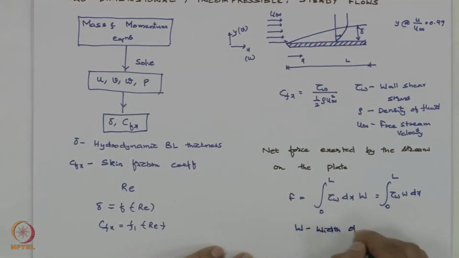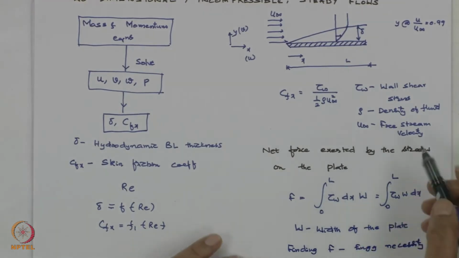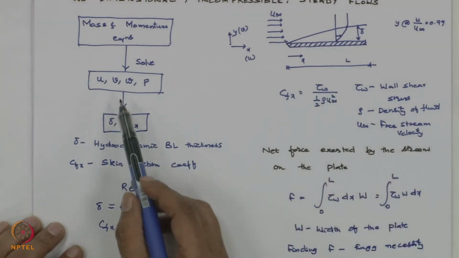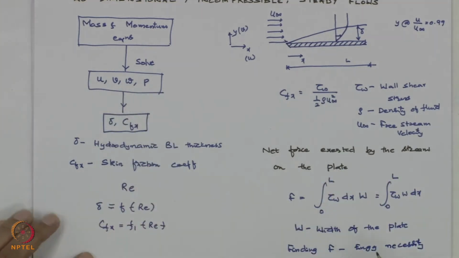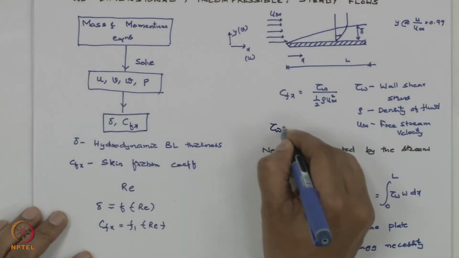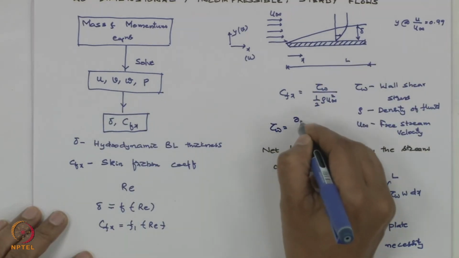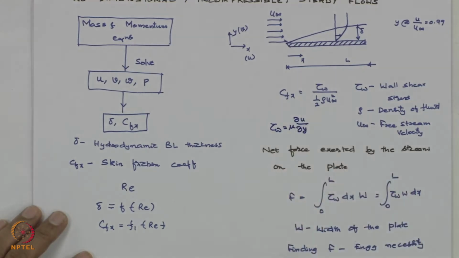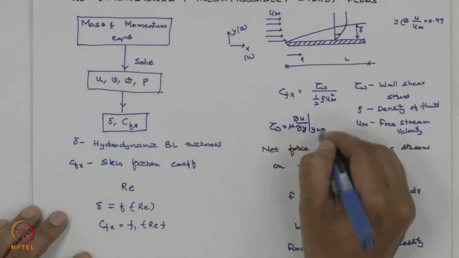Finding F is the engineering necessity. It is this engineering necessity that drives us to find tau wall, and to get tau wall I need to get u, v, w. Just to remind you, tau wall in this case, for a flat plate, is mu into del u by del y at y equal to 0.